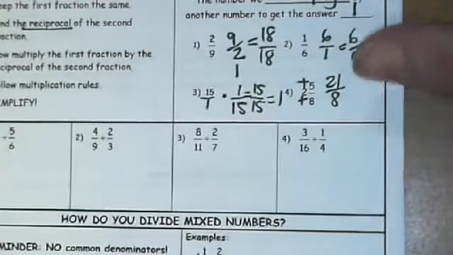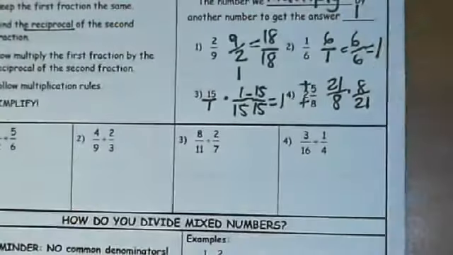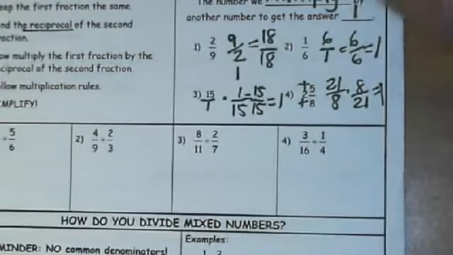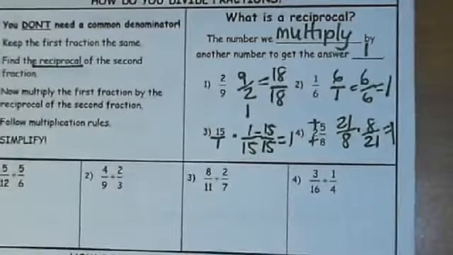But what is the reciprocal of that? The reciprocal of 21 over 8 is 8 over 21. And if I multiply those two numbers together, I'm going to get 1 as my answer. So again, the reciprocal is going to be the number we multiply by another number to get the answer.